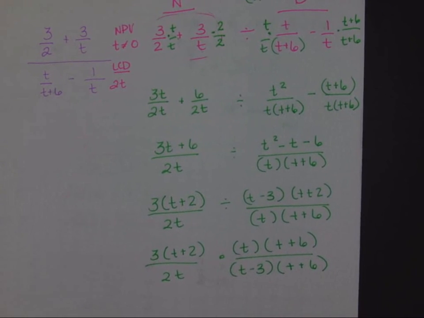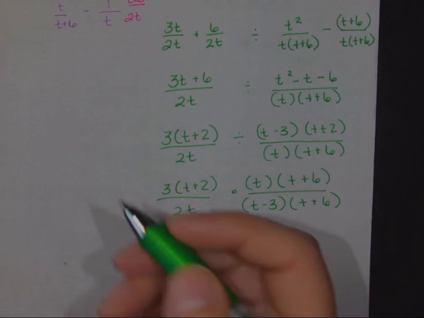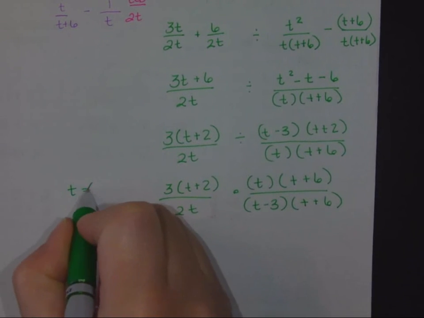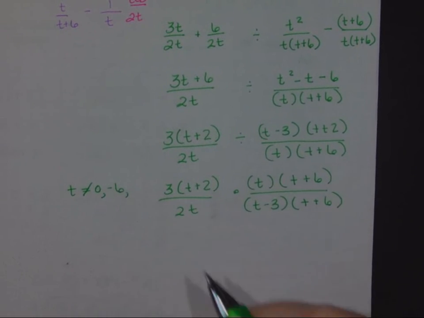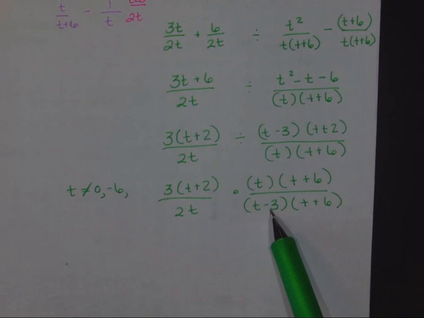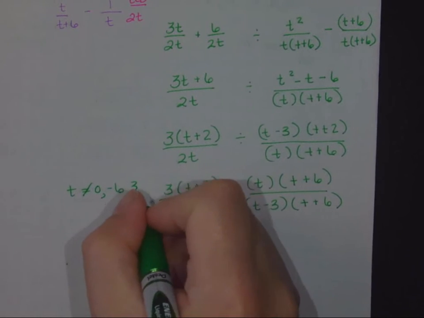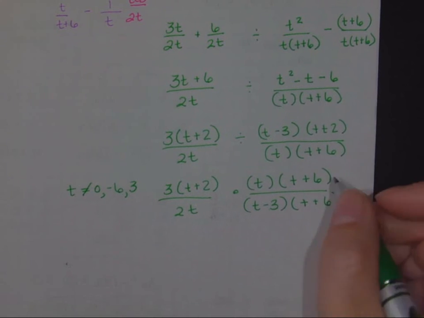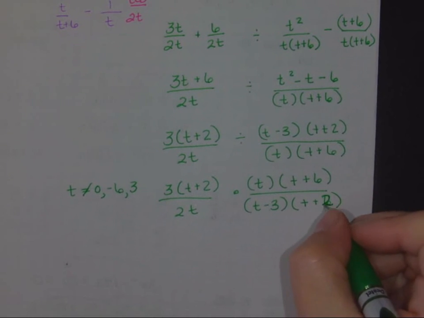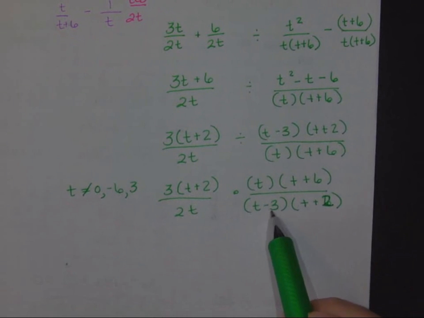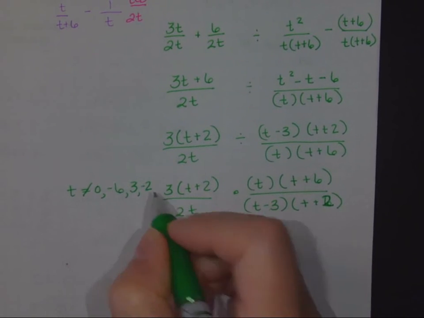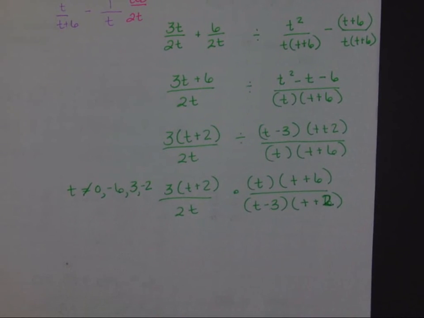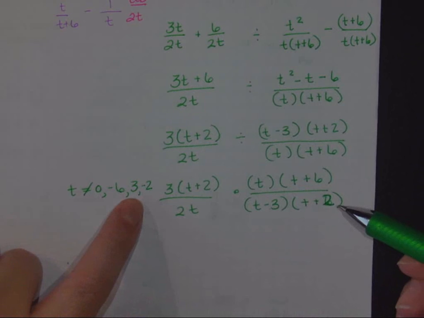We have a new denominator now, so we're going to do more NPVs. My t could not equal 0 or -6 before, and now I have new denominators. This one is a +3, sorry, this is +2, so this one is a +3 and that one's going to be a -2. New denominator, new NPVs.